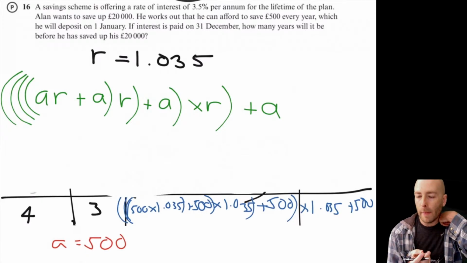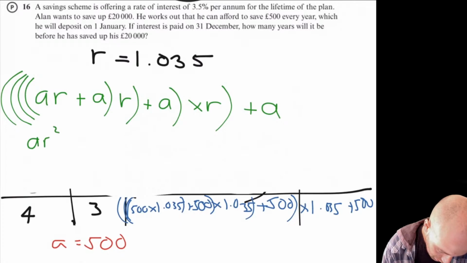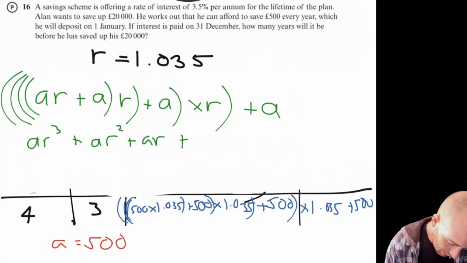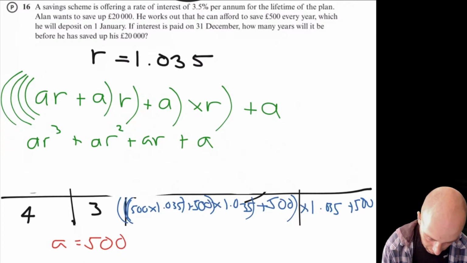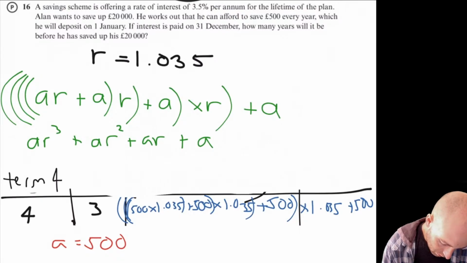Alright, now let's expand this. If we expand from the center working our way out, we're going to get AR times R, which is AR squared, plus A times R, which is AR. Cool. Plus A. Times all this by R, so that's going to give us AR cubed, AR squared, and AR, and lastly, plus A. So that was term 4, which was year 3.